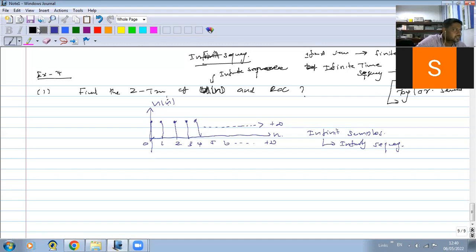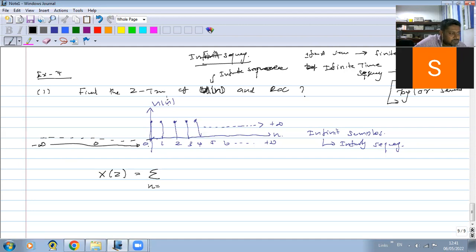Okay, so now let's estimate the Z transform of this u[n]. Now n should be from 0 to plus infinity, not minus infinity to plus infinity, because from minus infinity to 0 there is no impulse there, all are 0.